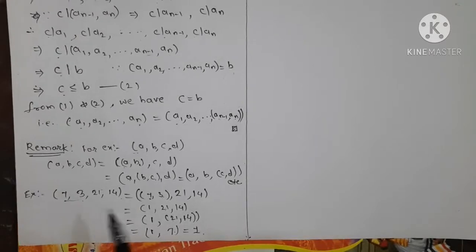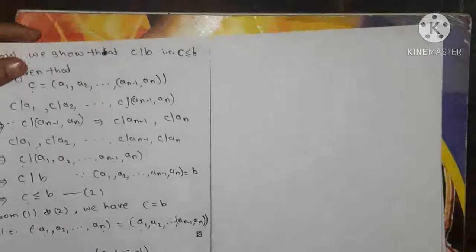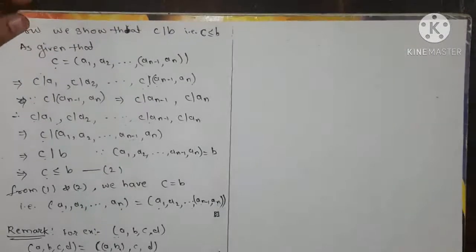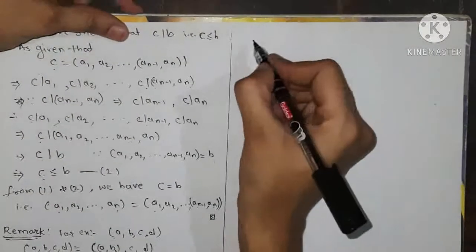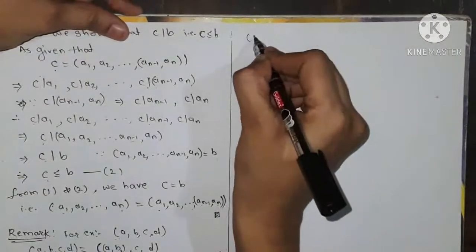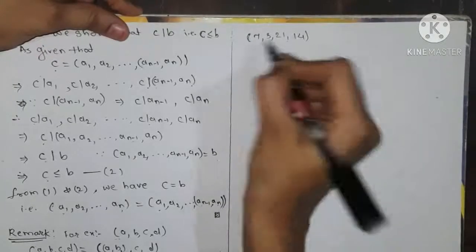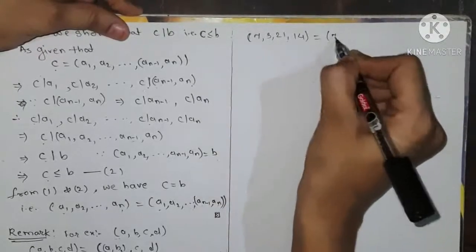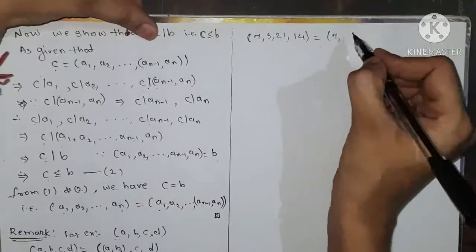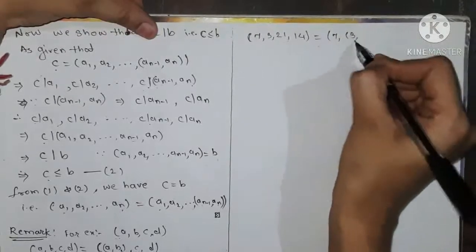Now you can take any pair firstly, that is, you can take 3, 21. So again, the GCD of 7, 3, 21, 14: we take the pair 3, 21 firstly.